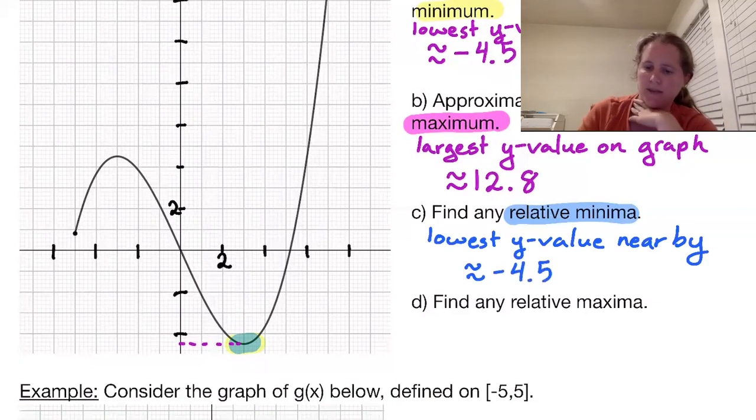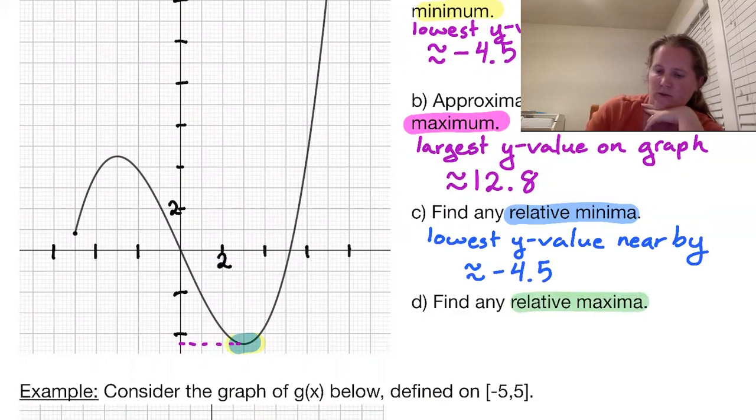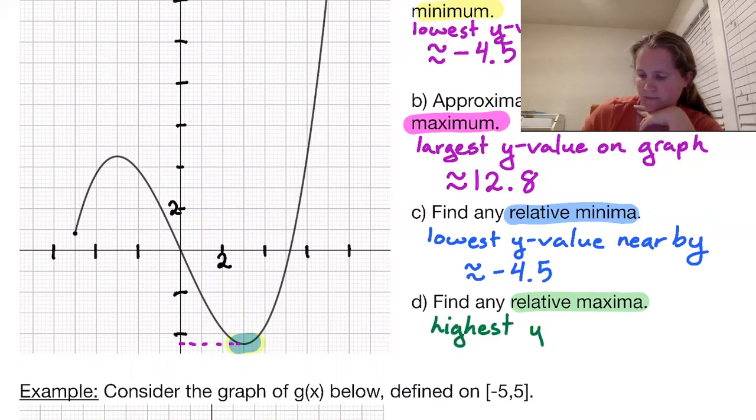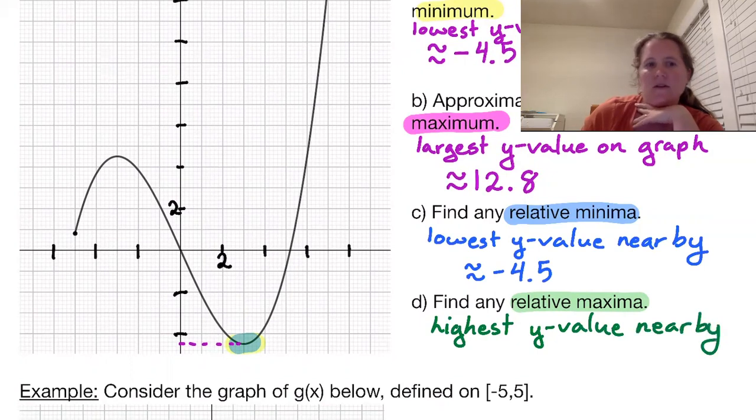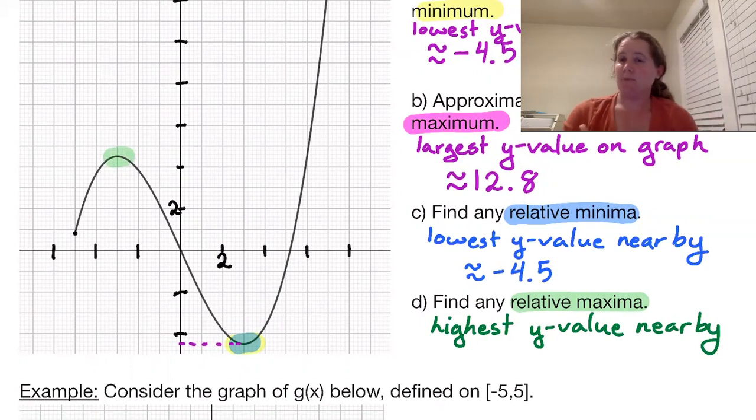And then relative maximum, we're looking for the highest y value, at least nearby. So our point at x equals -3, at least nearby that point, that's the highest the graph goes.